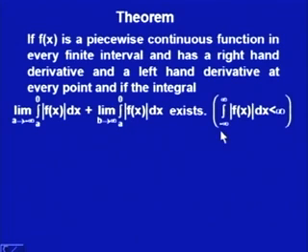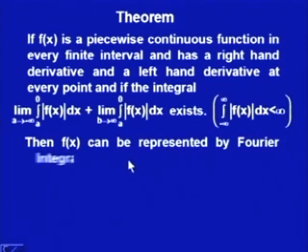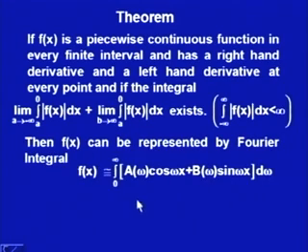If you do remember, this is called the existence of the integral of the function f x, or in simple terms we say that the function is integrable. Then f x can be represented by the Fourier integral as a omega cos omega x plus b omega sin omega x integrated with respect to omega in the interval 0 to infinity.